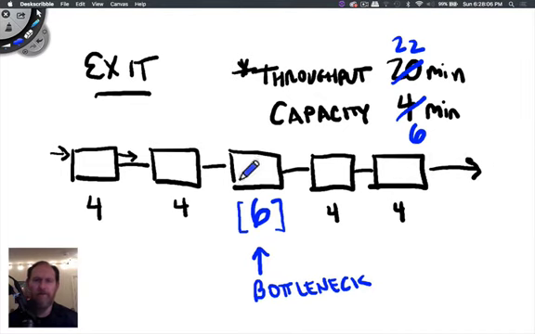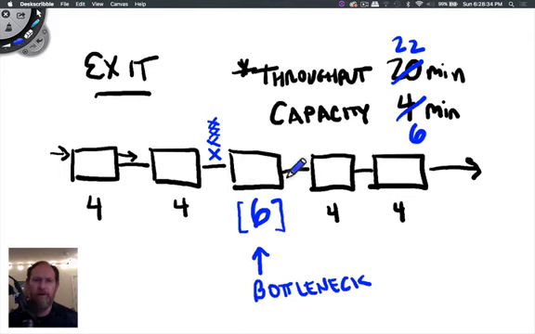It is important to note that following that first item, the second item as it comes through would have to wait here. And if we keep sending items through, not taking this into account, we would eventually have somewhat of a buildup here prior to station 6.